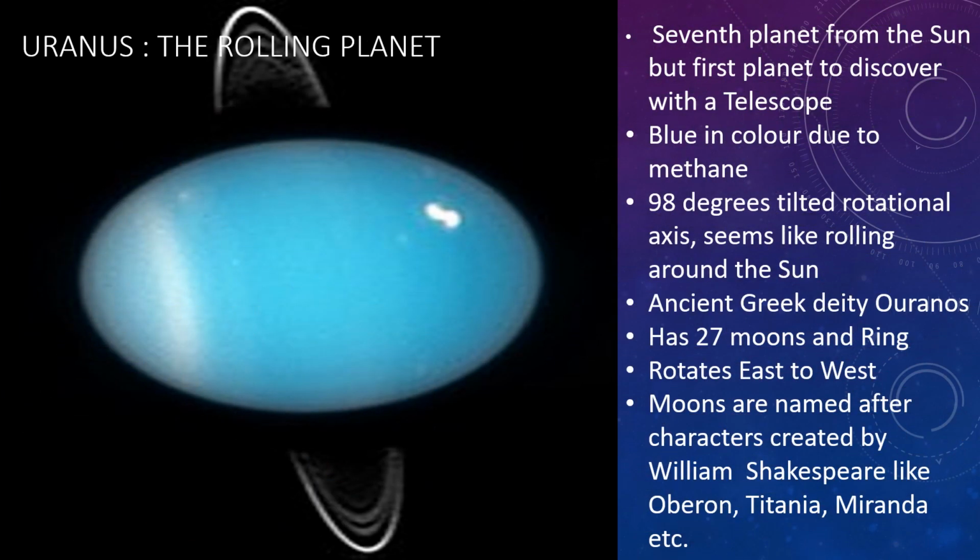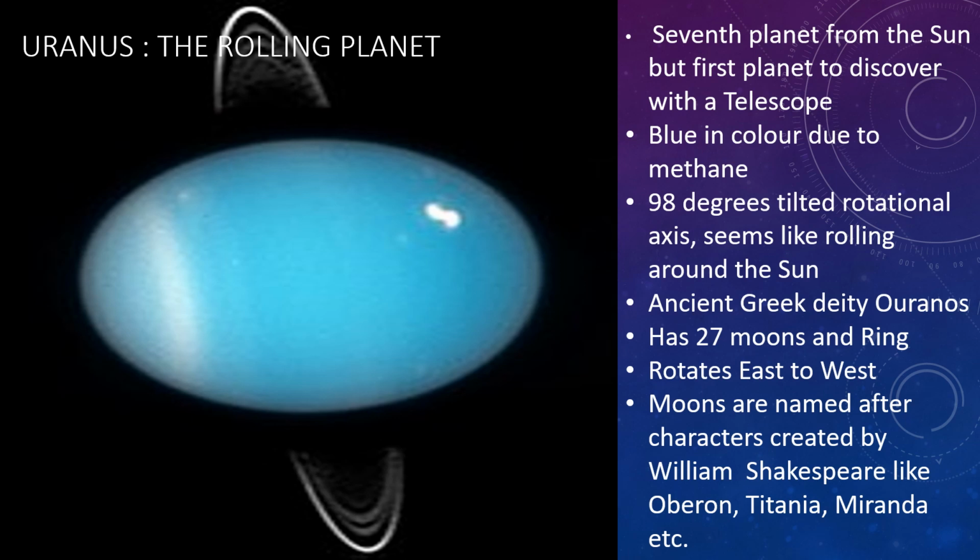The next planet we encounter in our journey through the solar system is Uranus. It is the first planet discovered with a telescope. Its atmosphere contains a dense mix of ices such as water, ammonia, and methane ice. That is why they are referred to as ice giants.